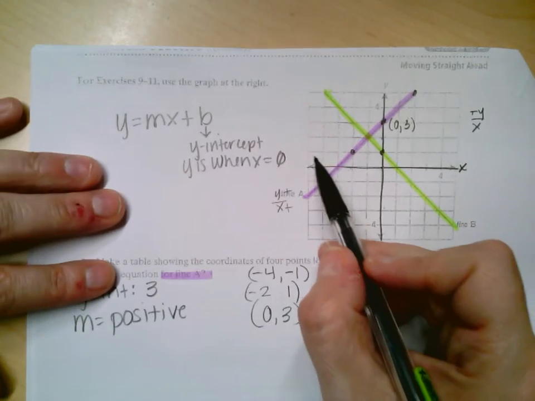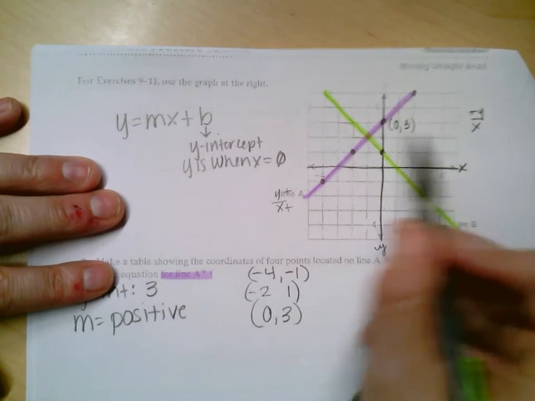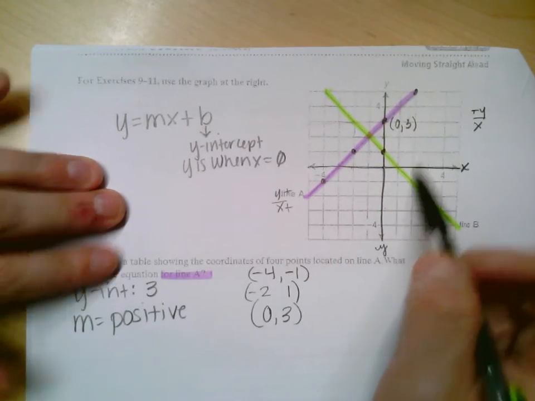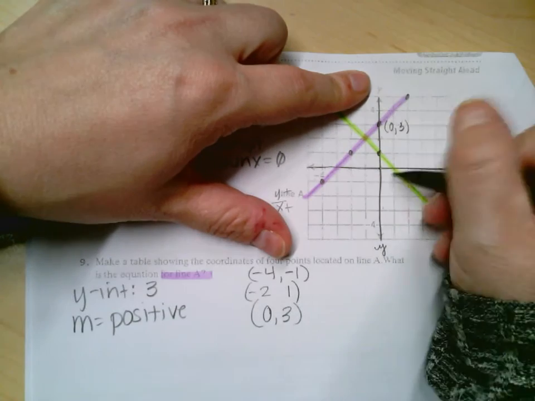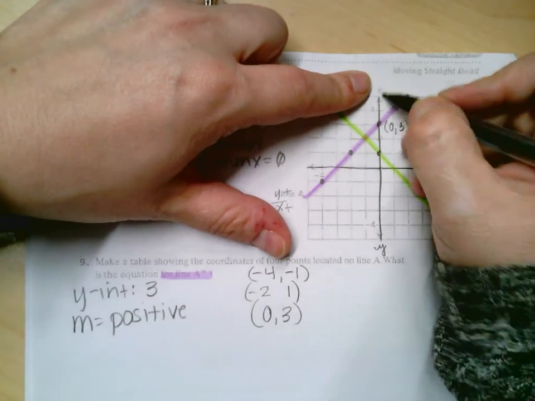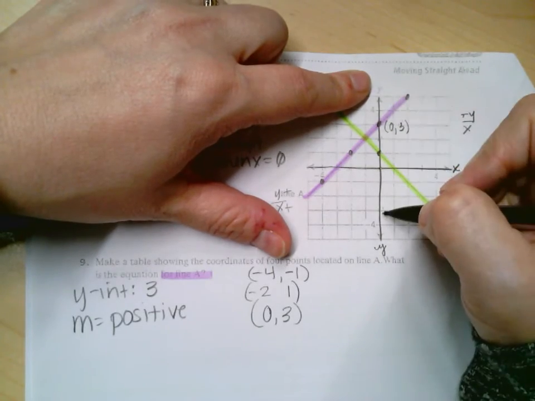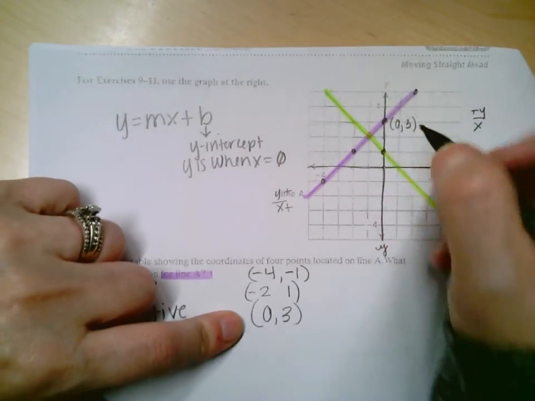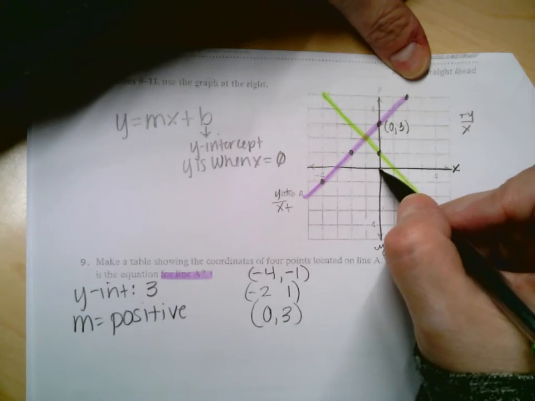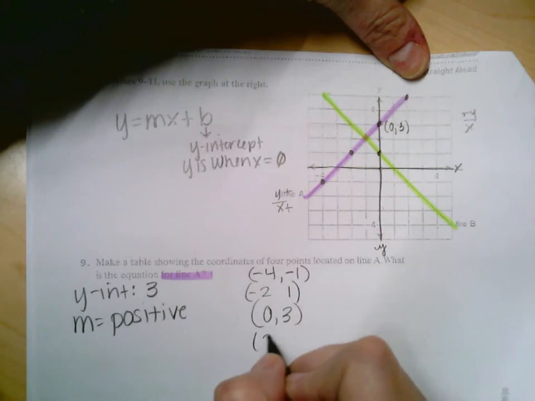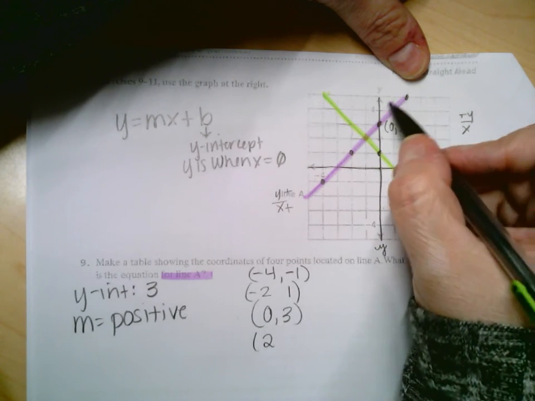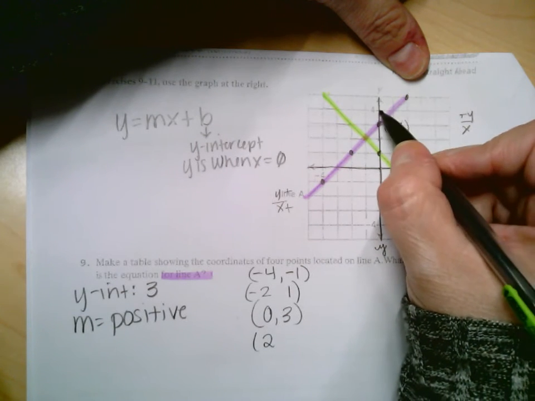These horizontal lines represent y, because every time I go up or down, I'm moving on my y line. Now we're going to do this one, where my x is going to go over 2, and my y is 1, 2, 3, 4, 5.